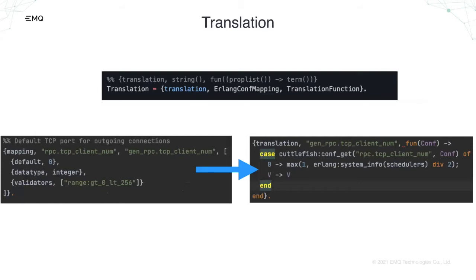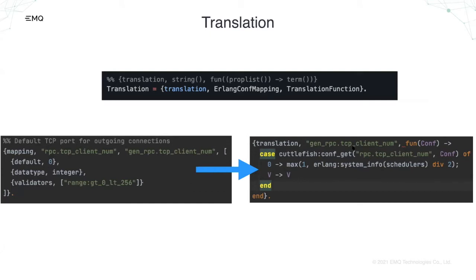After mapping, Cuttlefish looks for translation. Translation is a 3-element tuple. The first element is the translation atom. The second element is the same as the third element of the corresponding mapping. This is how Cuttlefish ties back to a mapping.